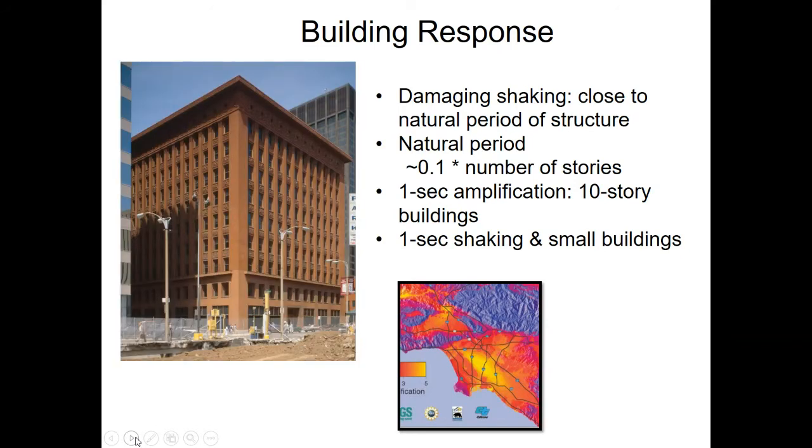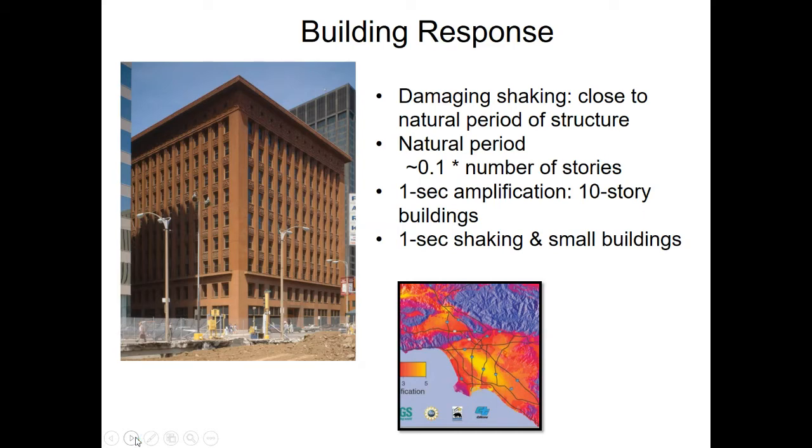building response. So how does a building respond to shaking? And again, if you've had engineering seismology or engineering, this is going to be very basic, but I wanted to cover the basics. If you have a structure, it's going to have its own natural period. So any structure will tend to sway back and forth at some period that depends on the size of the structure.